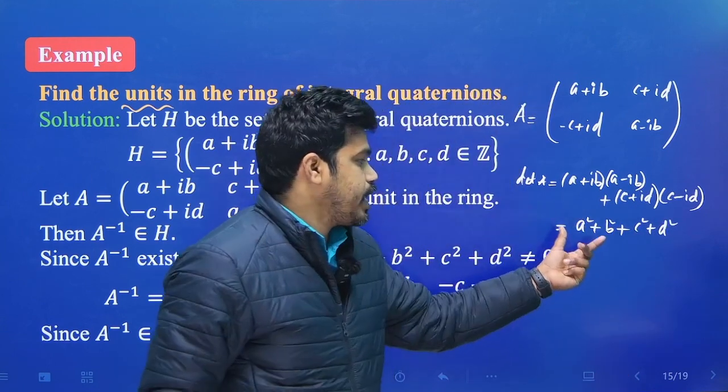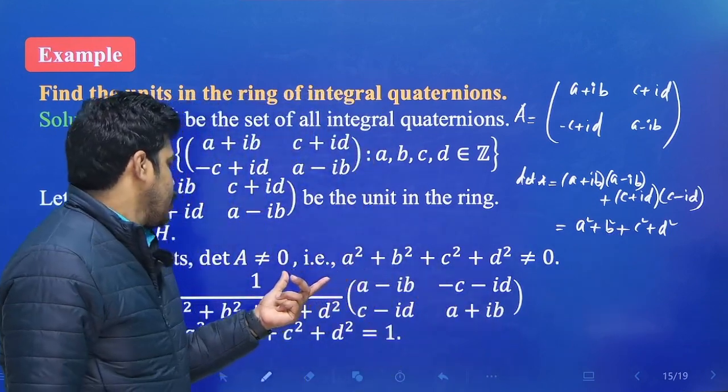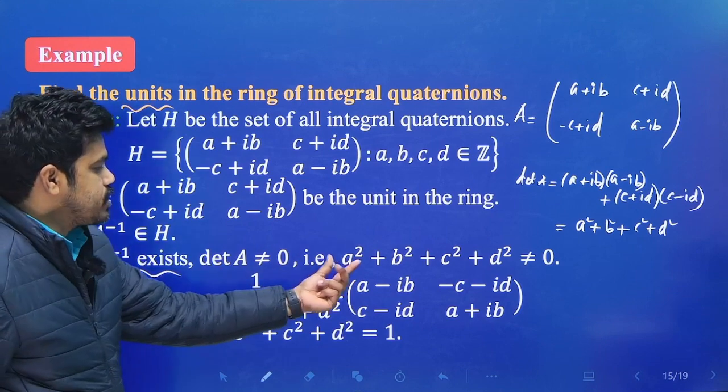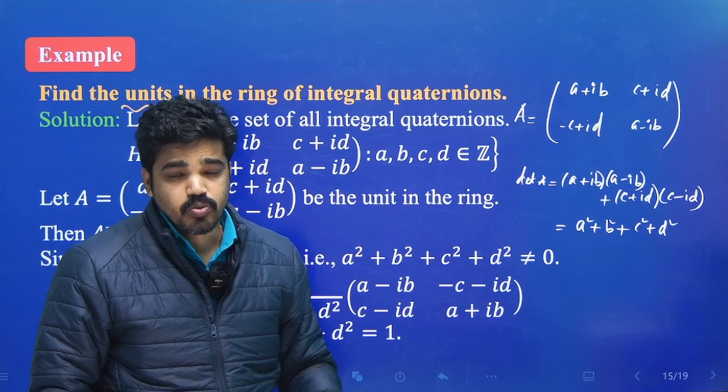So determinant A is A square plus B square plus C square plus D square. So that's why determinant A is not equal to 0 since A inverse exists. So that means A square plus B square plus C square plus D square is not equal to 0.